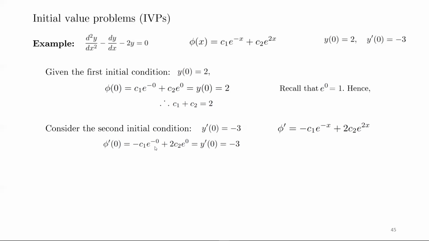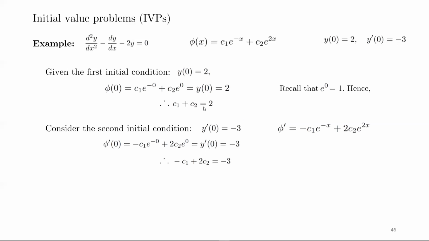Again, the exponentials become e to the 0, or in other words 1. So basically what we get is negative C1 plus 2C2 is equal to negative 3, which is the second initial condition.